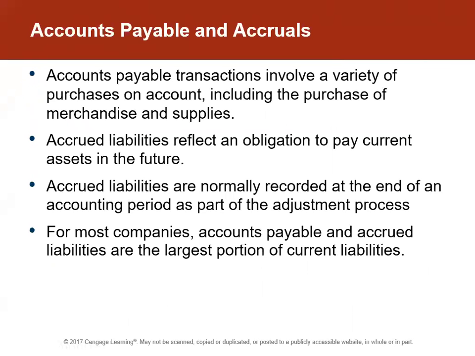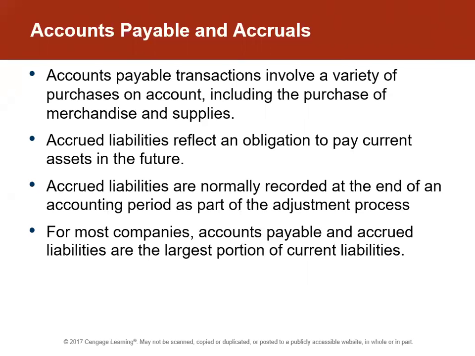So usually when we list current liabilities, it's at the end of the period, like on your balance sheet. At that point, we would list any liabilities that are due within basically 1 year. So we say 1 year, or it could be a fiscal year, it could be a calendar year. That's where it gets a little tricky, but we're really analyzing that at the end of the period. So it's usually 1 year from the end of the period.